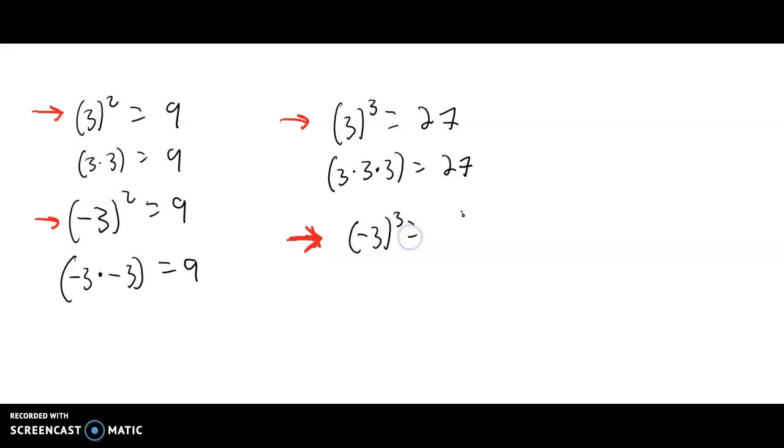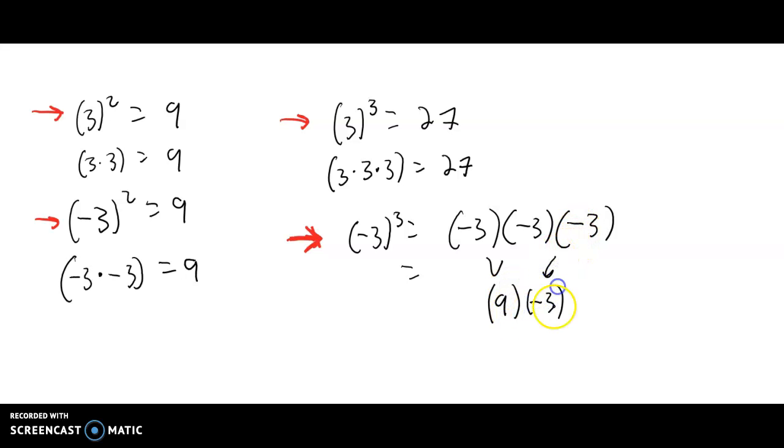Negative 3 cubed is negative 3 times negative 3 times negative 3. Let's work this out. Negative 3 times negative 3 is positive 9. And then I still have one negative 3. 9 times negative 3 is negative 27. So, negative 3 cubed is negative 27, and positive 3 cubed is positive 27.